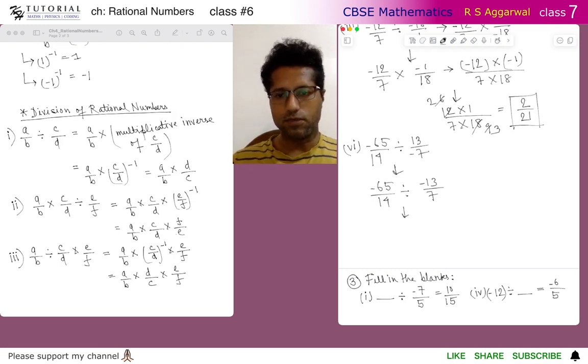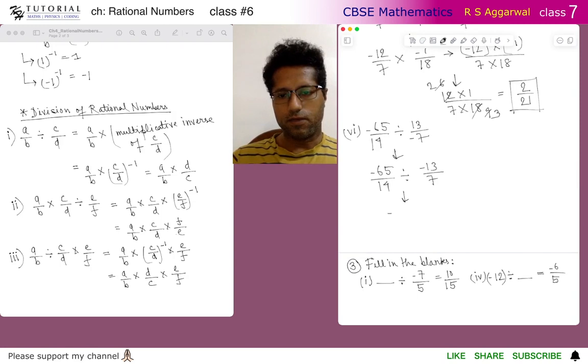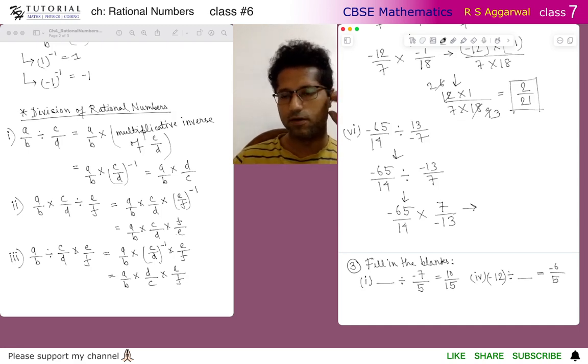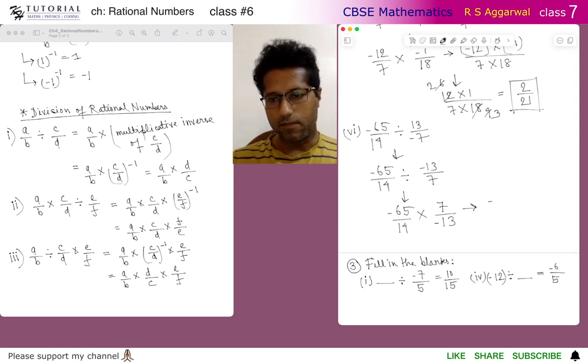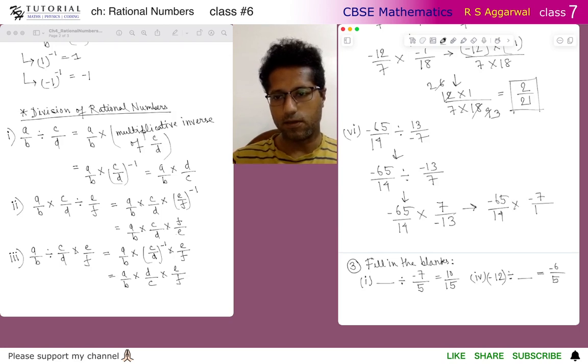Okay. So now this is the division of rational numbers. We will apply the formula, convert it to multiplication by multiplying by the multiplicative inverse of minus 13 by 7, that becomes 7 by minus 13. Now again, the second rational number has a negative denominator, so we will make the denominator positive, and that becomes minus 65 by 14 multiplied by minus 7 by 13.